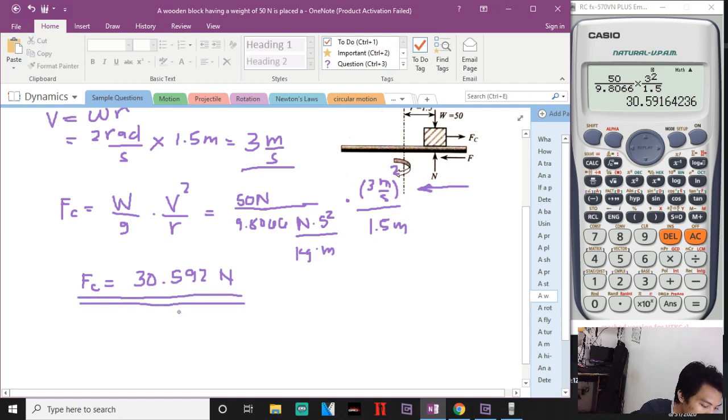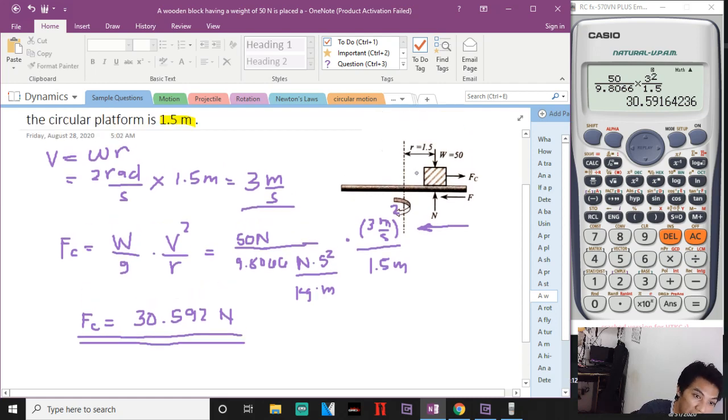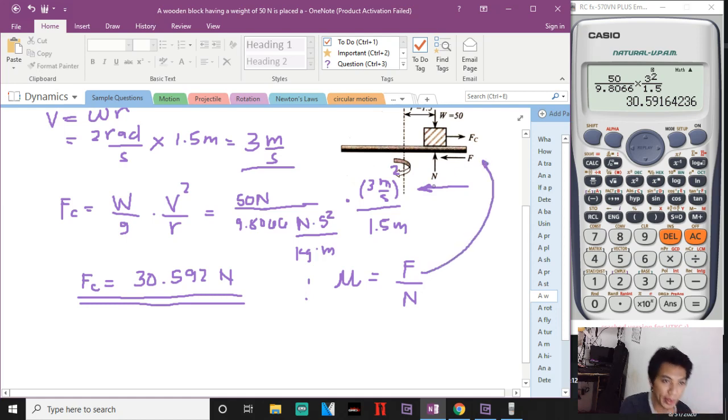And then, magsasummation of forces tayo pagdating dito. Okay? To balance out. Kasi ang hinahanap natin is the coefficient of friction. Now, for your coefficient of friction, you take note, okay? Take note, yung mu or the coefficient of friction is equal to F over N. Etong F na to is the F that is pulling.